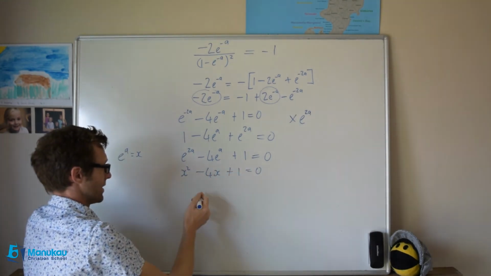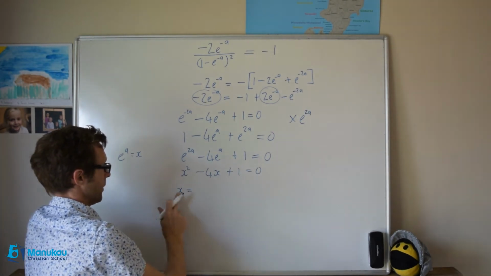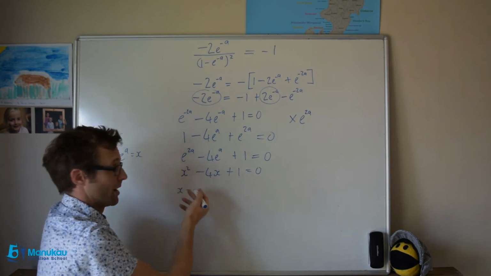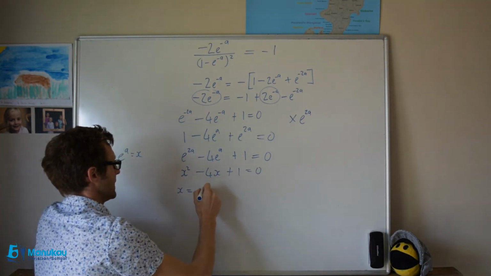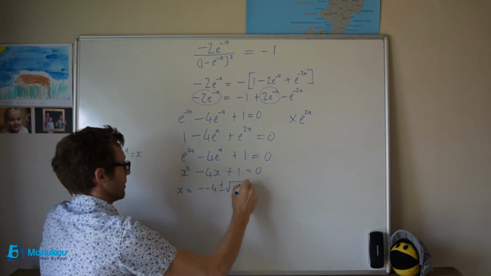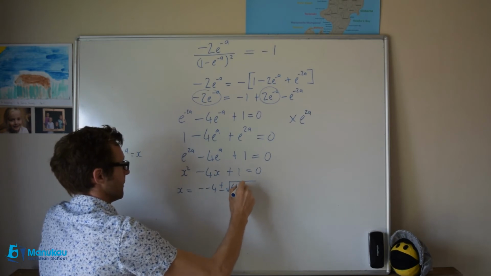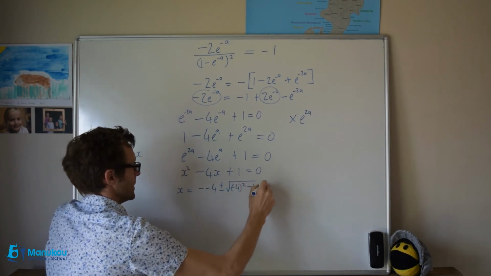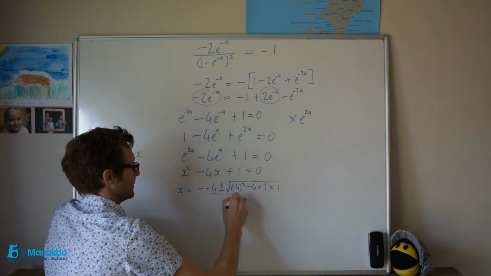So I hope you can see we can now solve this by quadratic formula. x is equal to, in other words, e to the power of a is equal to minus b, plus or minus the square root of b squared minus 4ac, all over 2a.